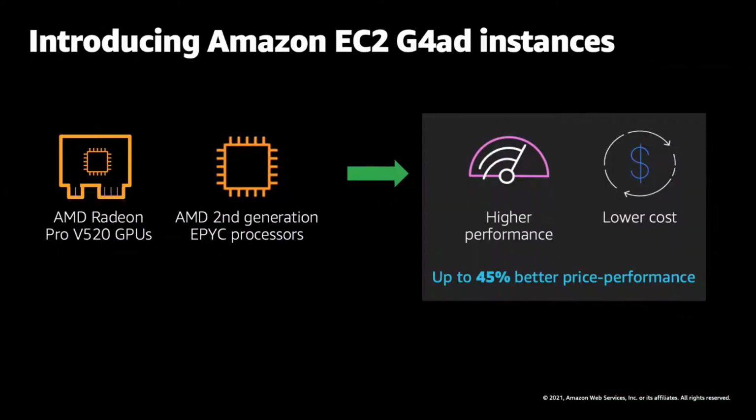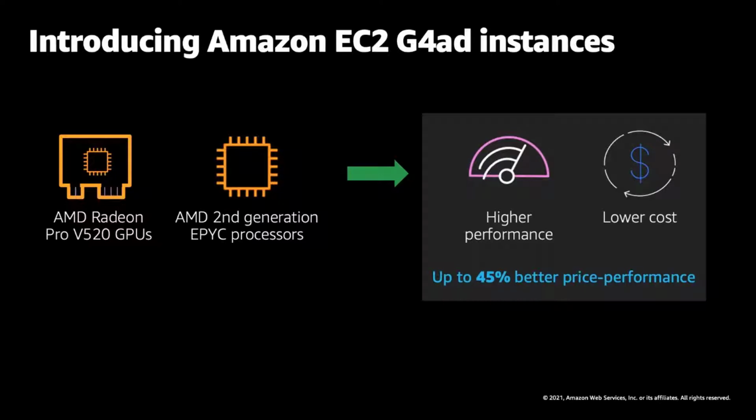Samantha? Thanks, Art. We broadened our AMD portfolio by announcing our first AMD GPU-based instances last December at re:Invent. As Art mentioned, these G4AD instances use the same second-generation EPYC processor, also known as Rome, that you see in our C5a instances. As a reminder, those offer up to 3.3 gigahertz of clock speed. We've added to that processor AMD Radeon Pro V520 GPUs.